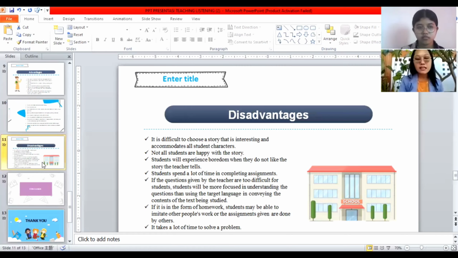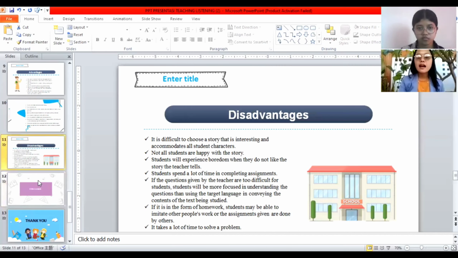And the last disadvantage is that students whose English skills are low are less able to participate in activities. Okay, so that's all about the advantages and disadvantages of those strategies.